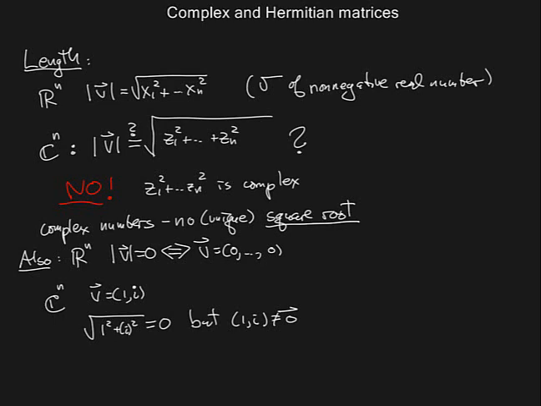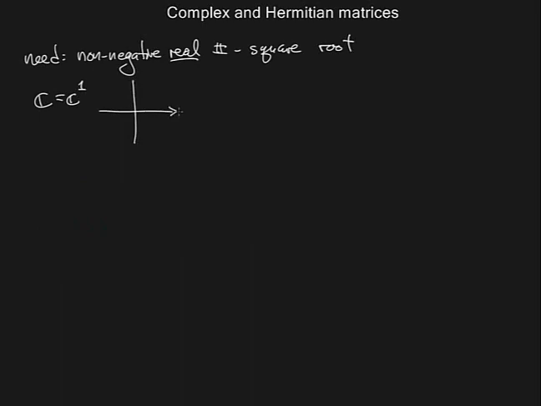So that's obviously not the right thing to do, but it's kind of clear what you should do. We need to somehow get a non-negative real number so we can take its square root. And the natural thing to do, well, let's see, in C^1, what did we do?